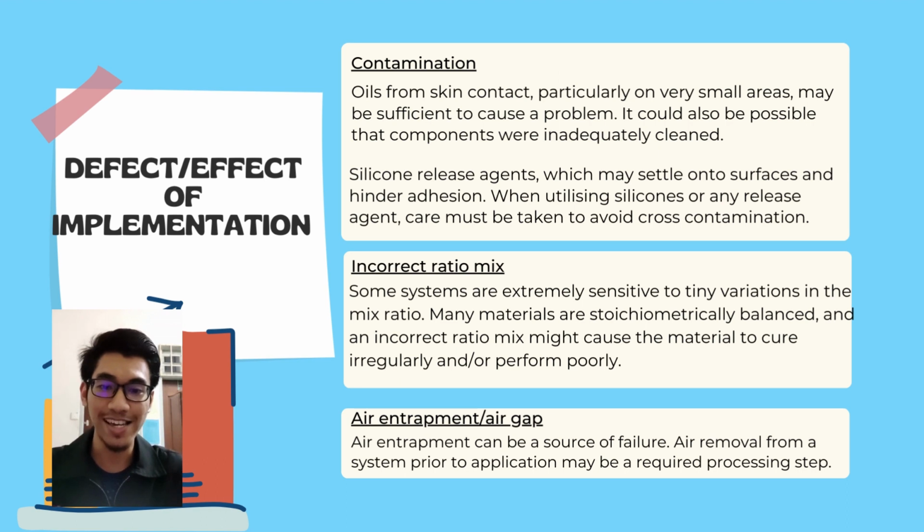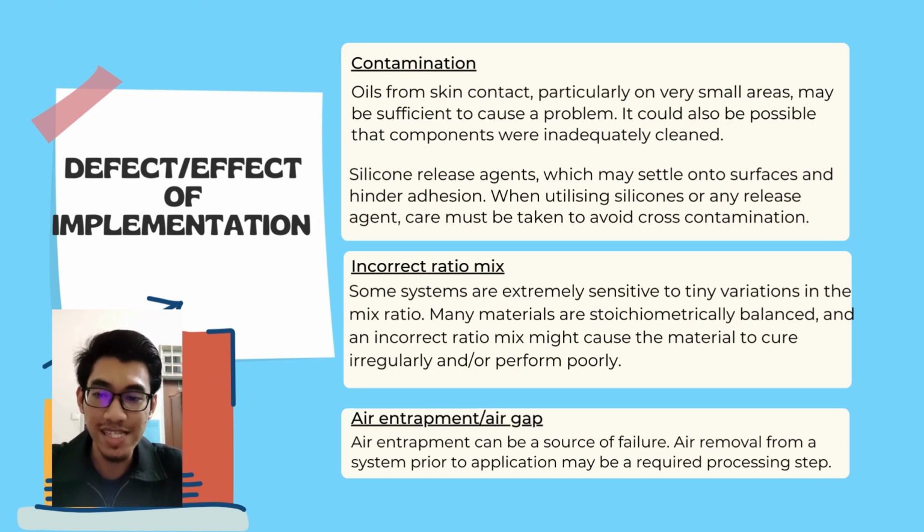Hi, Assalamualaikum. I am Muhammad Fahmi bin Zakaria, and I will talk about the effects on the manufacturing of the adhesive bonding process. First of all, one of the effects is contamination. Any grease, oil, or other contaminant on the surface has the potential to induce adhesion loss.